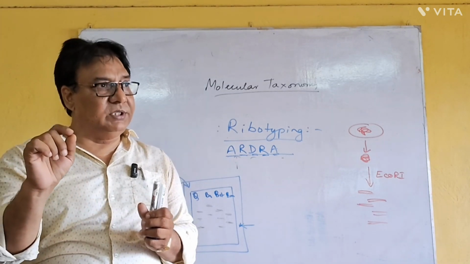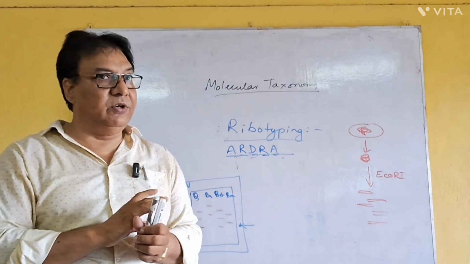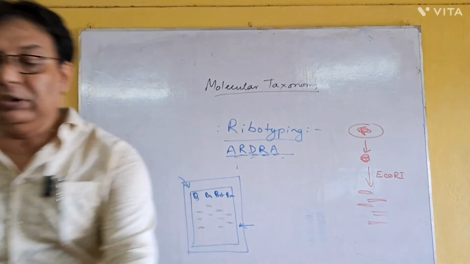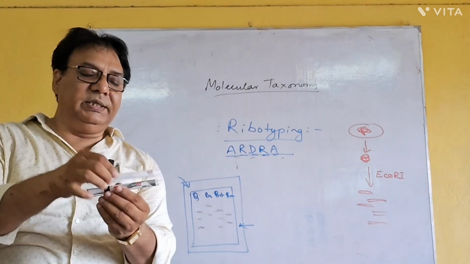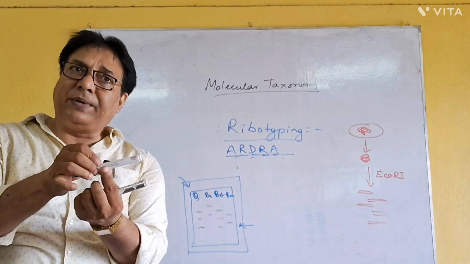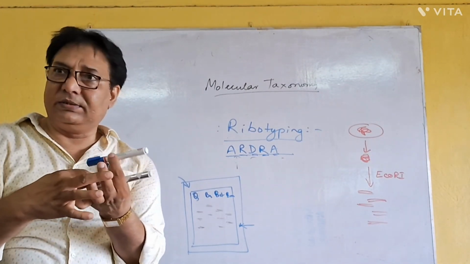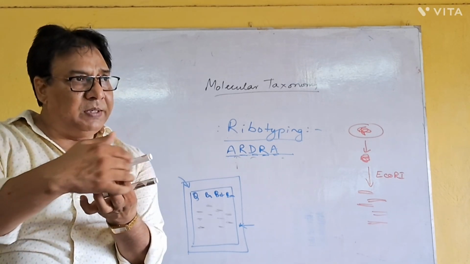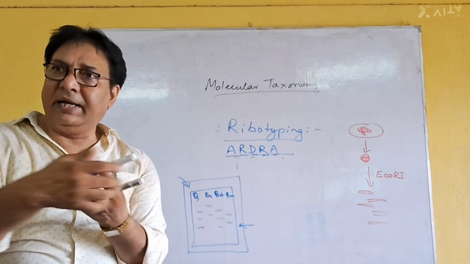This dye binds with double-stranded DNA only. So when you are doing PCR, you need to melt the DNA first. Then you add the primers. The primer will go and hybridize here and here. And then it will amplify, it will make double-stranded DNA again.